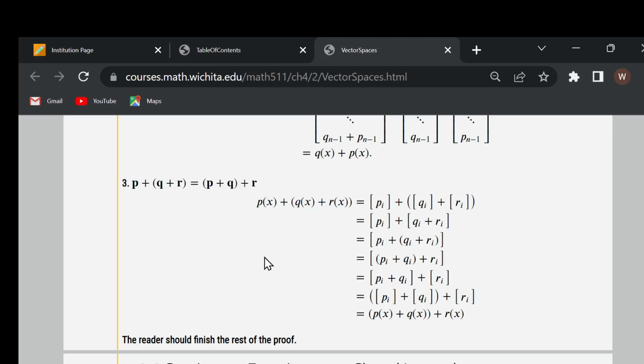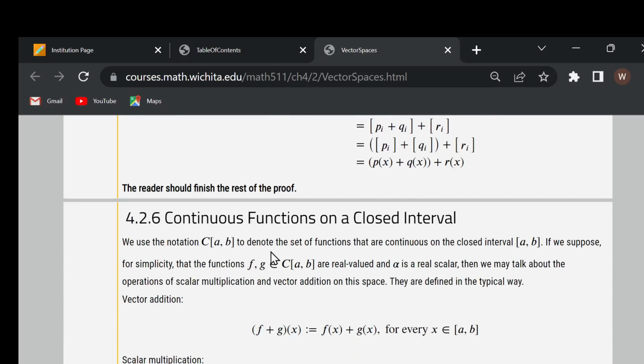Now let's talk about a different vector space. To a mathematician, a function is the same thing as a vector. How is that possible? Well, a vector in R8 has 8 coordinates, right?